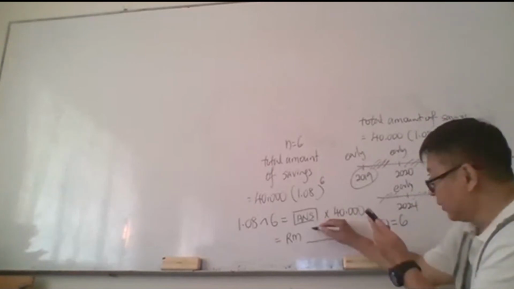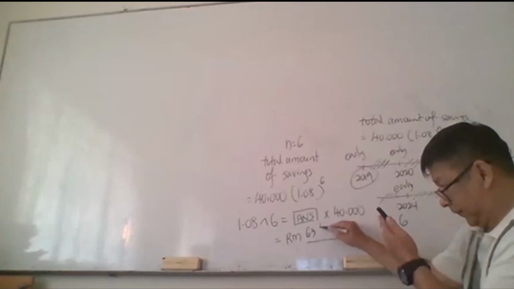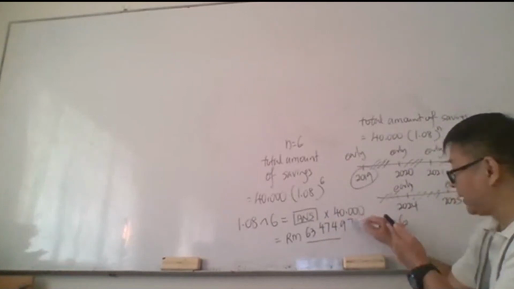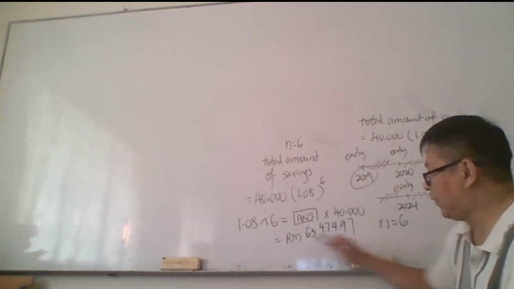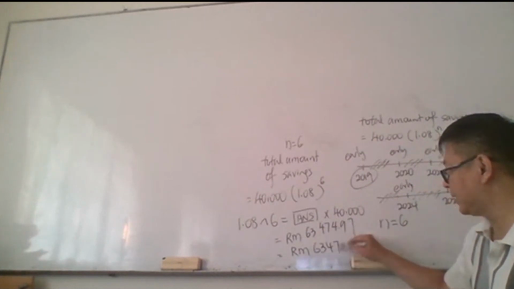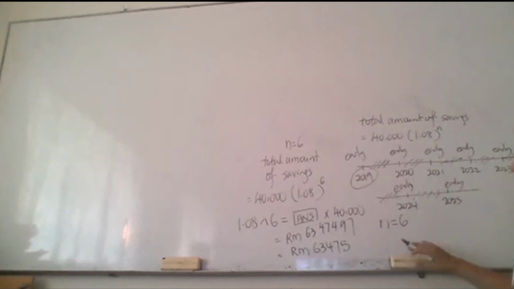It will give you 63,474.97. To make it easier, round off, so it will be 63,475.